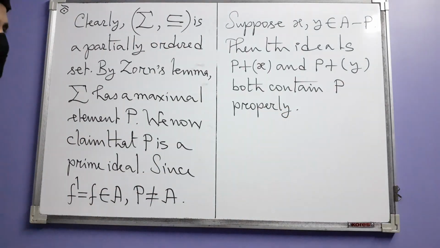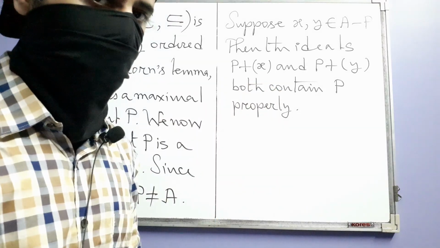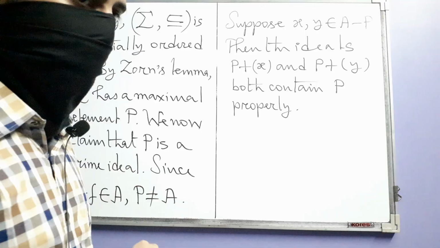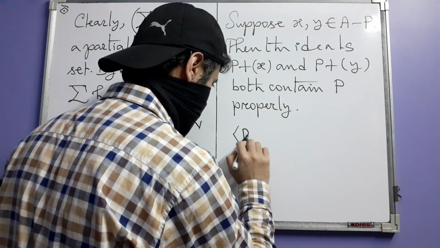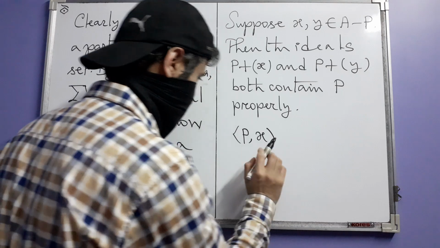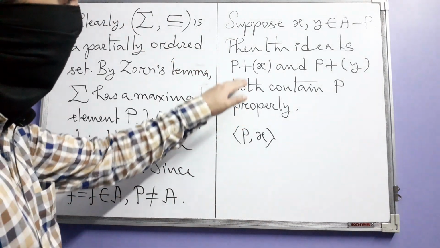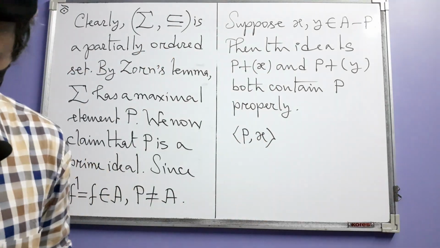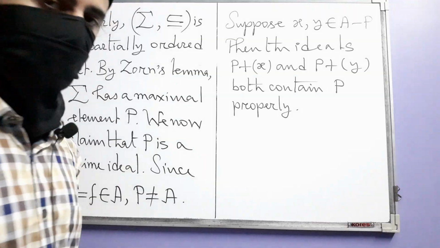What does this mean? You see, we already know that when we take the sum of two ideals, it's also an ideal. In fact, we have already discussed about this. It's actually nothing but that ideal generated by the ideal P and the element X. It turns out that that is equal to this sum. But anyway, it's an ideal. And obviously, it contains P as a subset.